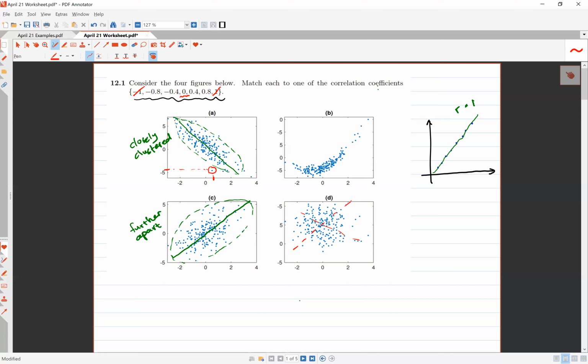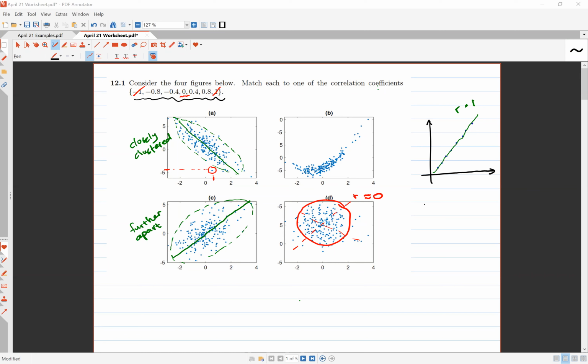Those points are just a random scatter. Often what that means is if you look at how they cluster together, it has a circular shape versus the ellipse, or the oval shape, we get when the points follow a trend line. So in D, I would say we would reasonably expect that correlation coefficient to be pretty close to 0.